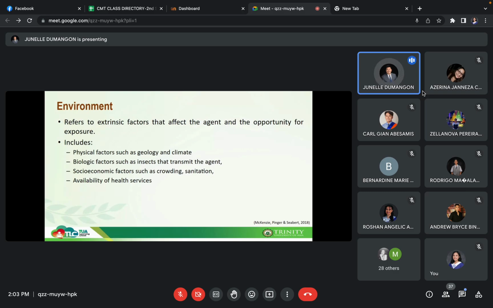But even if there is an agent, hindi naman yung pupunta sa tao unless kagatin ka ng mosquito. So, the mosquito is the vector. It is the one that carries or transmits the agent to the host. So, yung nakikarry nung agent papunta kay host. Oh, kasama rin sa environment yung crowding and sanitation and even the availability of health services. Okay?